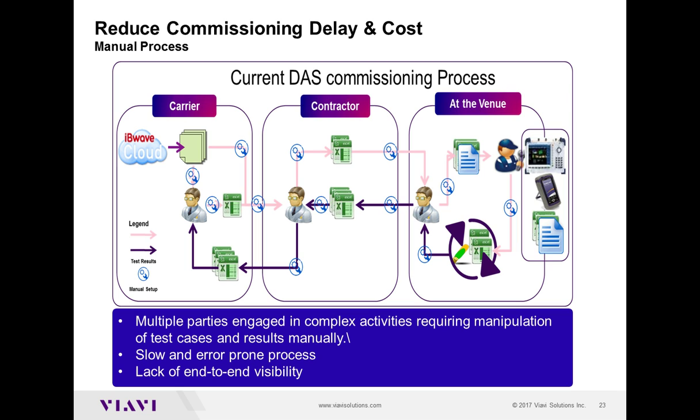So let's go through a typical use case for improving the commissioning aspect of it. There are multiple tools out there in the industry. And today, let's follow the process of DAS installation.